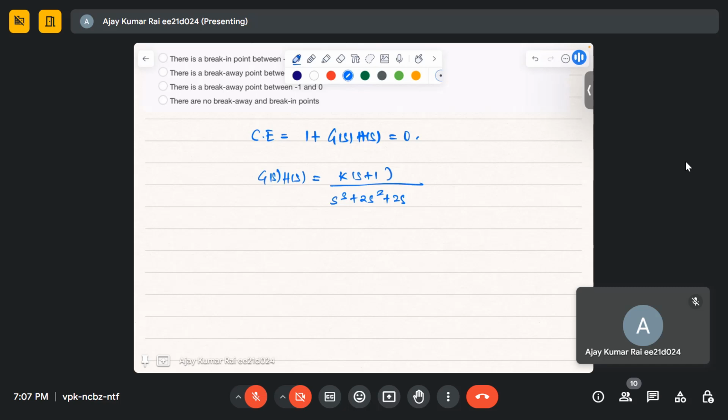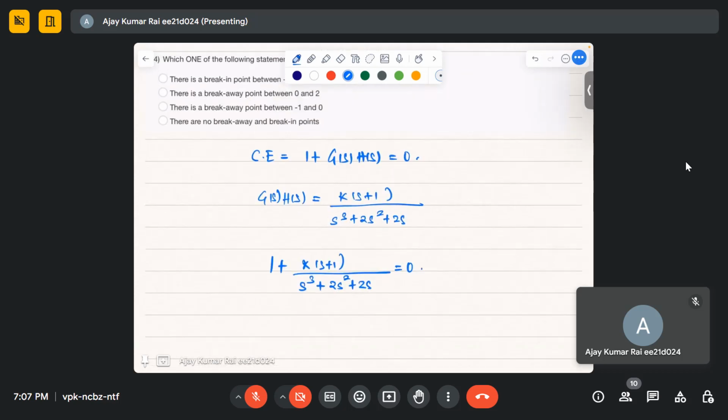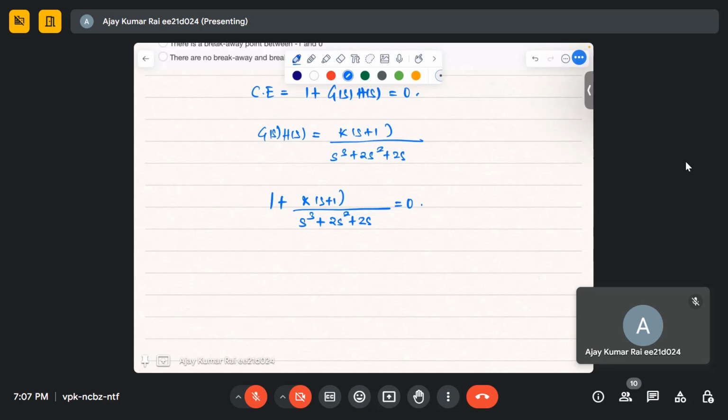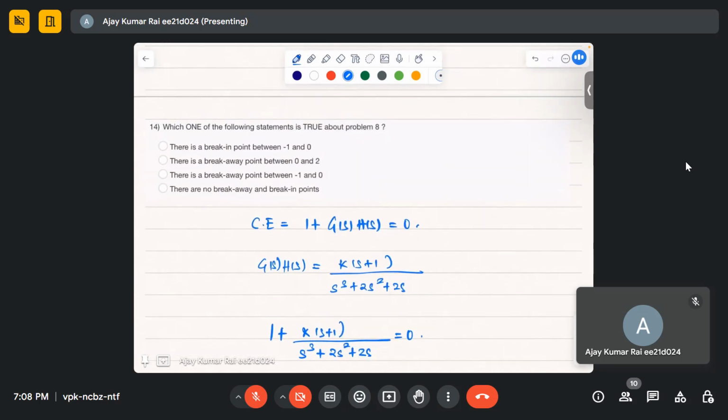So if we write this equal to 0, what we used to do from here is find the break-in and breakaway points.